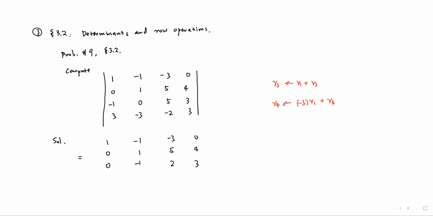Again, this operation doesn't change the value of the determinant, so here I use an equal sign. -3 times row 1, add to row 3. -3 times this, add here 0. -3 times -3 is positive 9, so 7. Then 3.